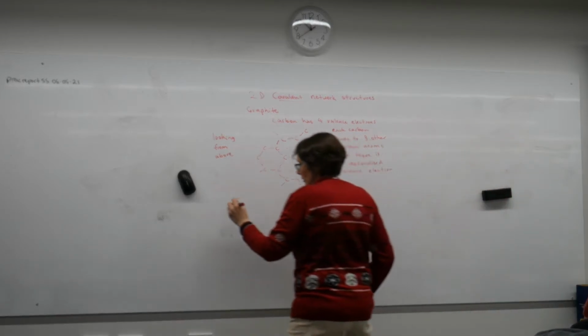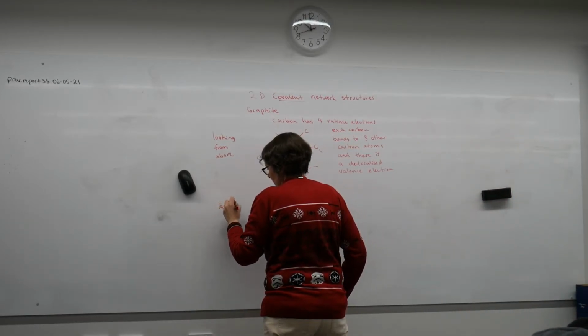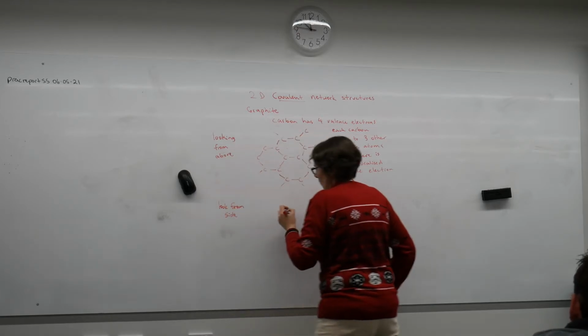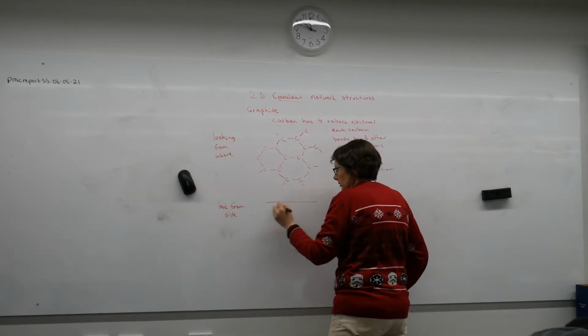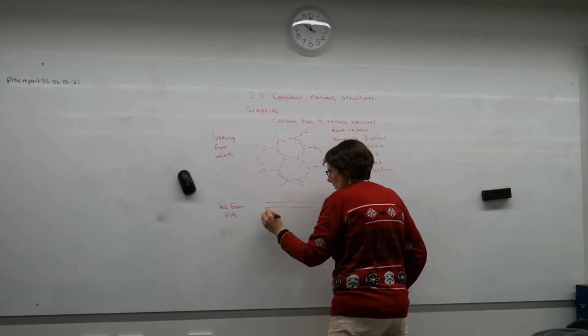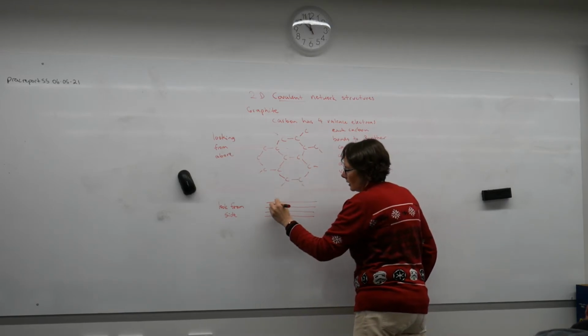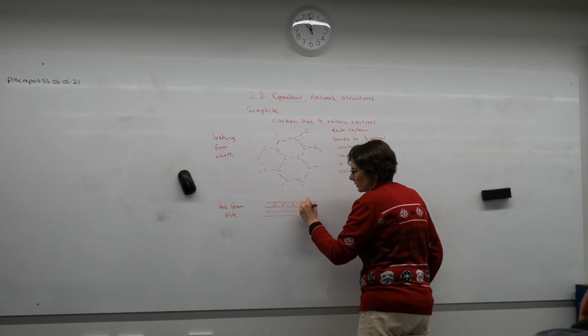But if we look from the side on, what we have are flat layers like this, and in between them are our delocalized valence electrons.